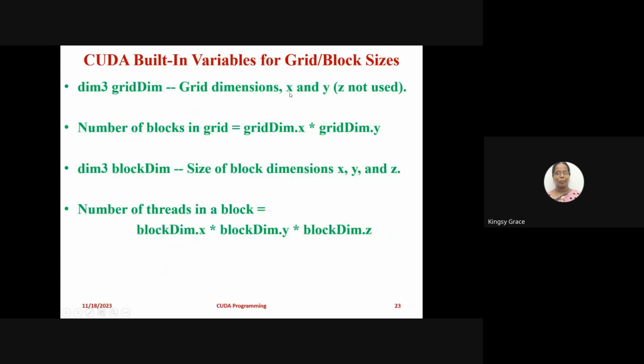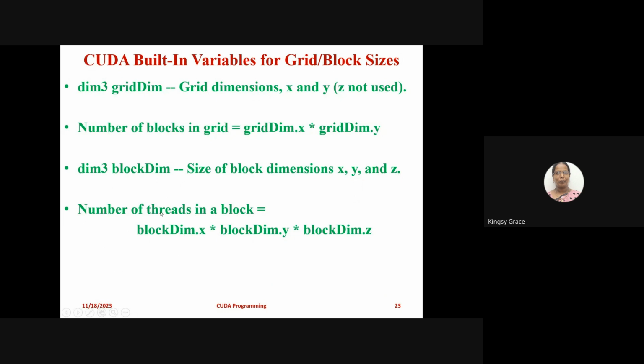The grid dimensions are x and y. Z is not used, as I already told you. You can write gridDim.x for the number of blocks. We have already calculated gridDim.x multiplied by gridDim.y, and for blockDim you have the x direction, y direction, and z direction.